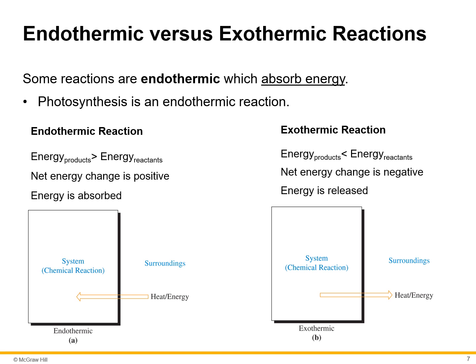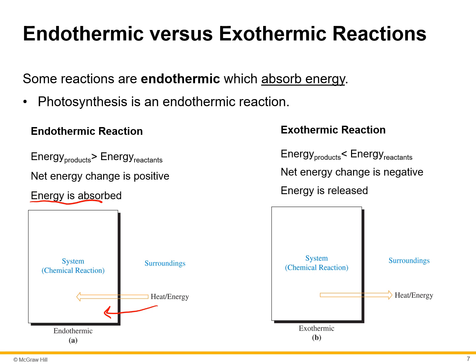Conversely, we have an endothermic reaction that absorbs energy, as we talked about with photosynthesis. As an example, if you melt an ice cube, that requires energy from the surroundings going towards the ice cube to turn it into water. The heat goes into the ice and melts the ice. So energy is absorbed for an endothermic reaction, and the energy of the products will be greater than that of the reactants.